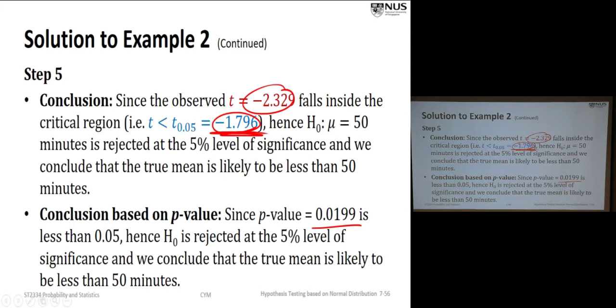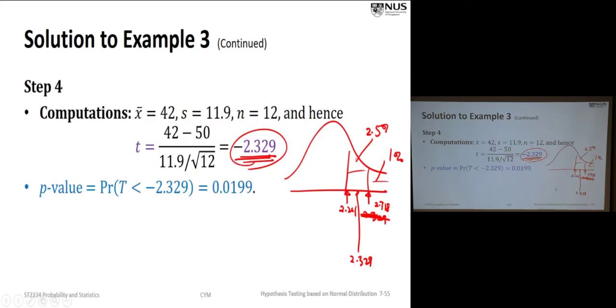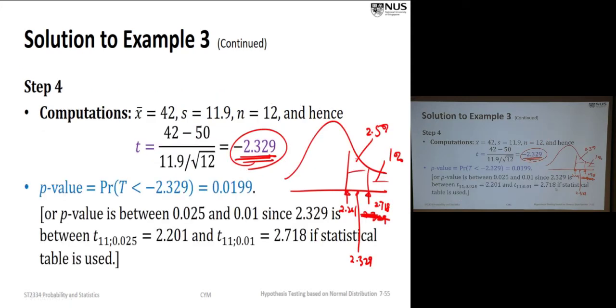If I use the statistics table, I only know that it's somewhere between this number and this number, which I know the probability greater than. Greater than 2.7 is 1%. Greater than 2.2 is 2.5%. And this value that I observe is somewhere between these two numbers. So the p-value must be between 1% and 2.5%. So I can make the decision.